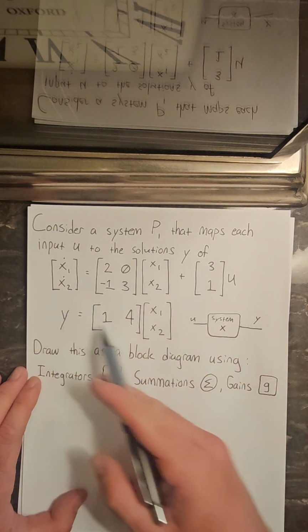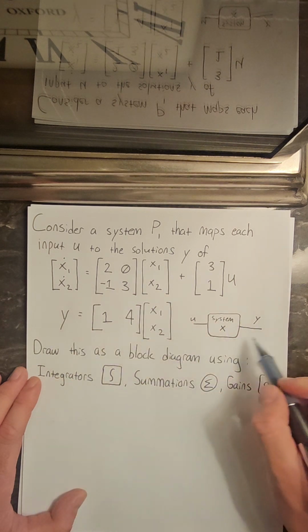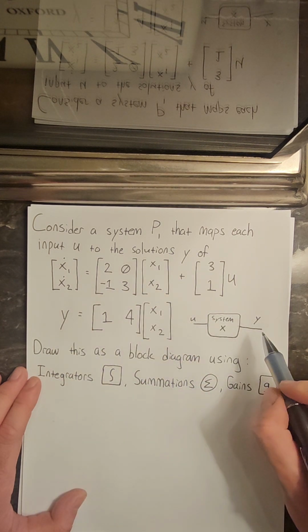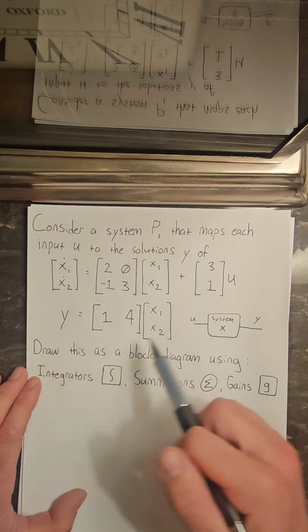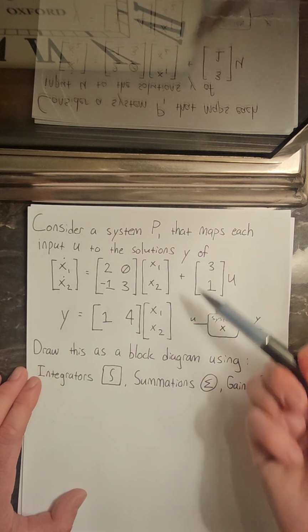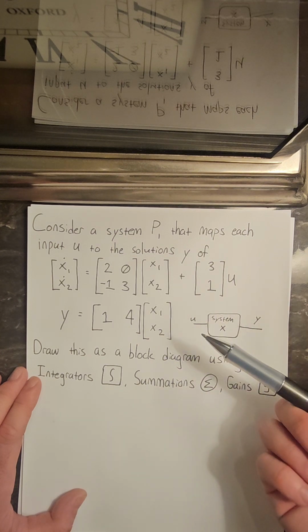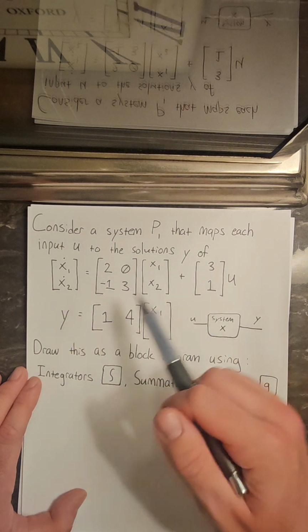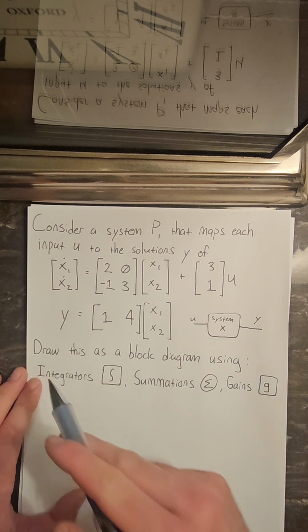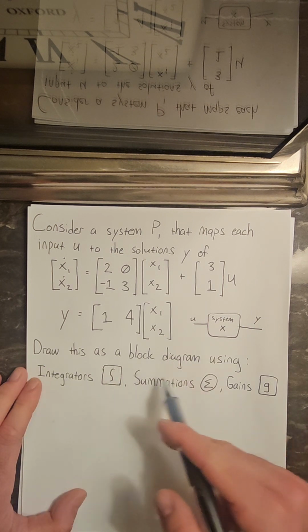So this whole thing we're looking at here is actually this guy right here. It's like a relationship between an input and an output. And in control theory, we call this state space representation. As we do this problem, it'll be a little bit more clear why we write it this way. And our goal for this problem is going to be to draw this as something called a block diagram.